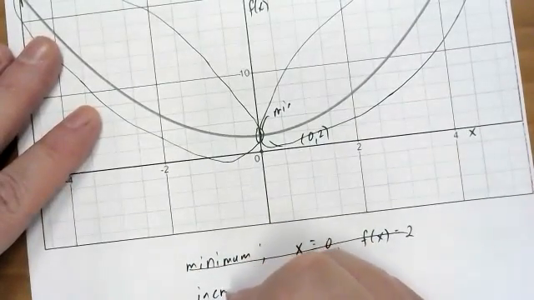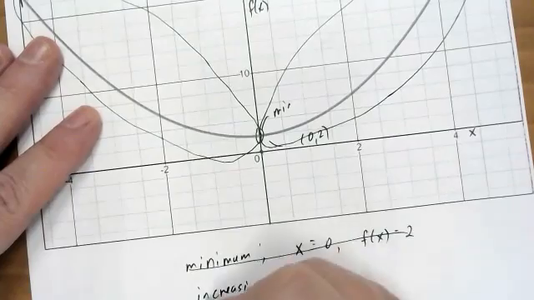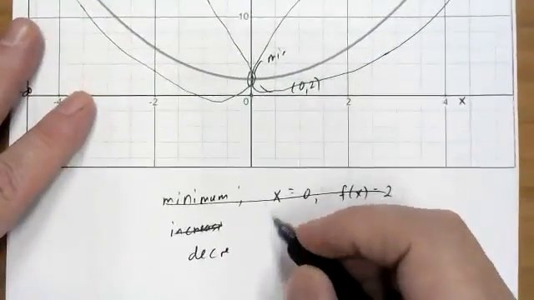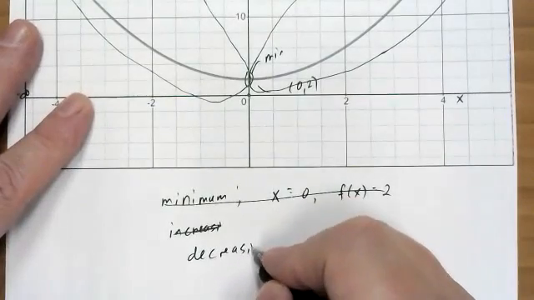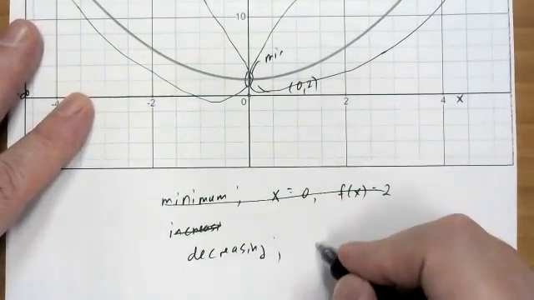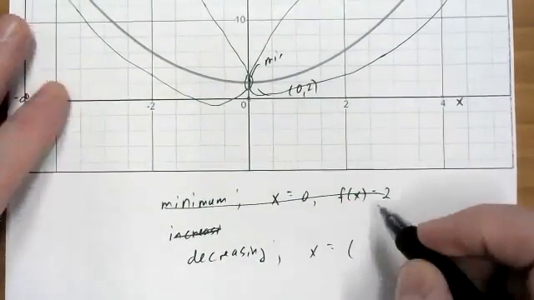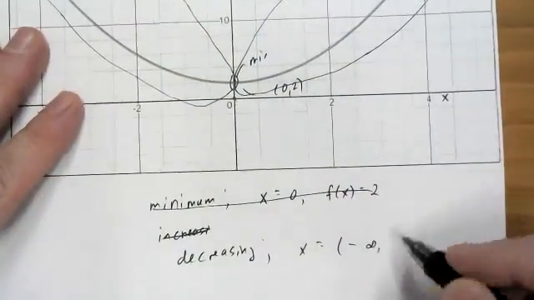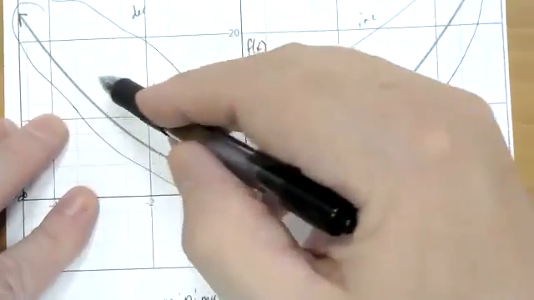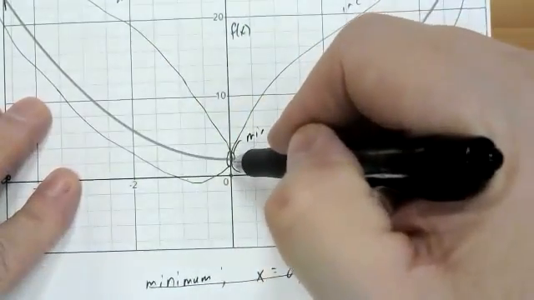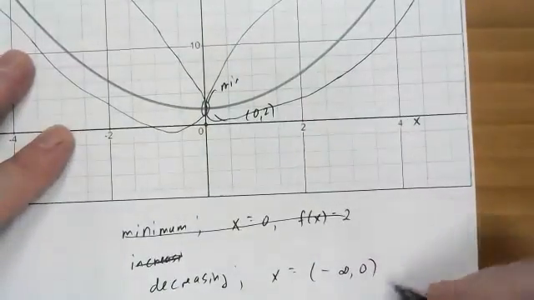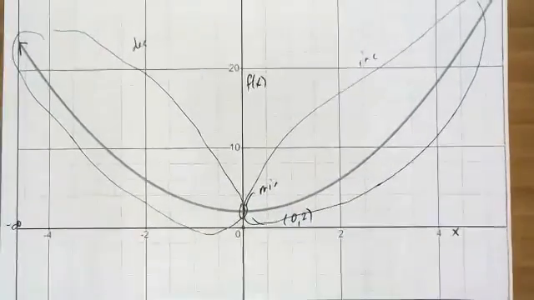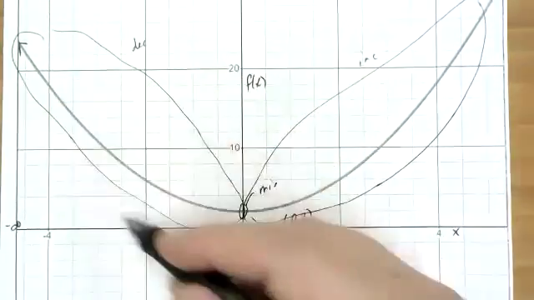So if we're asking where the function is decreasing, you'd say x from negative infinity to 0. So x equals negative infinity to 0 represents this part of the graph.